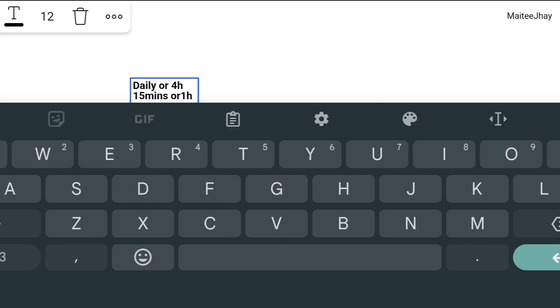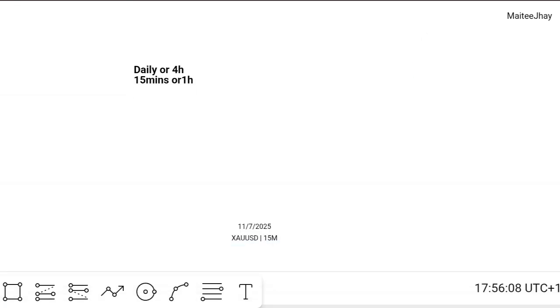Then after doing this, what are the things you look out for? Firstly, you look out for your sweeps, which are the liquidity grab.